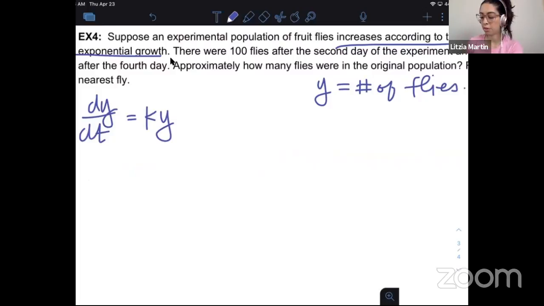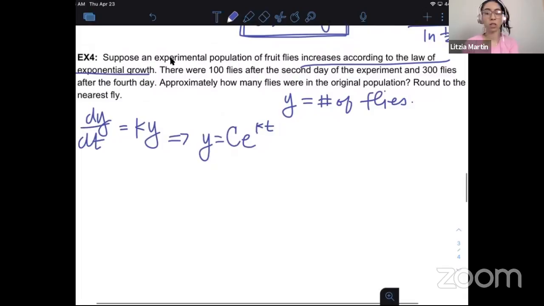And now we know y is equal to c times e to the k times t. And it's increasing is what they told us here, right? So what we should keep in mind is that this k is going to have to be a positive number, because obviously if it's an increasing function, it's growing, right? So we need it to be positive.